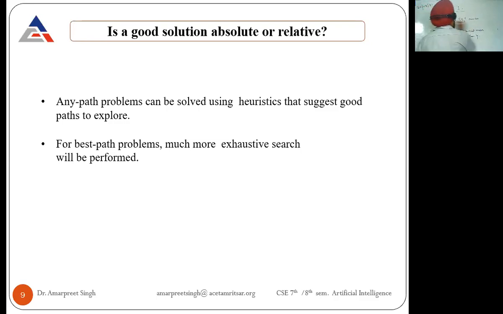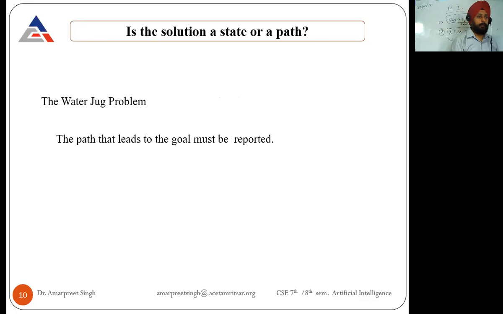So in this case, it was absolute, and in this case, it is relative.